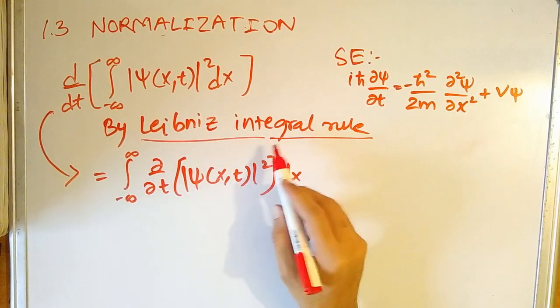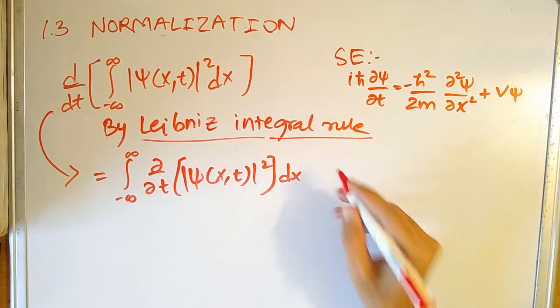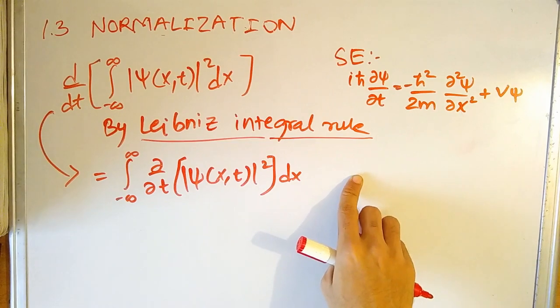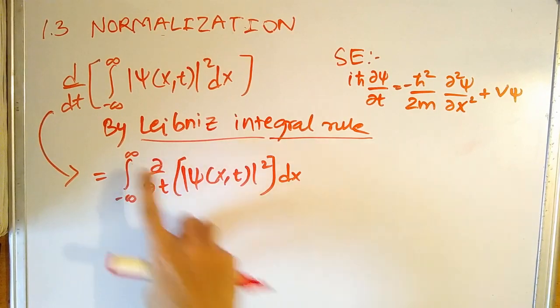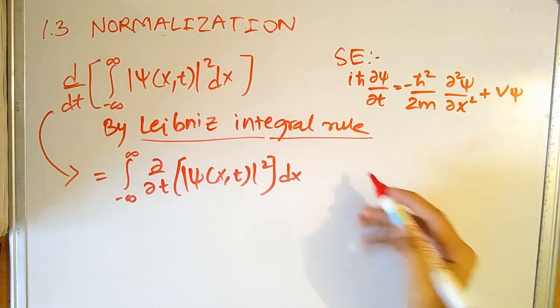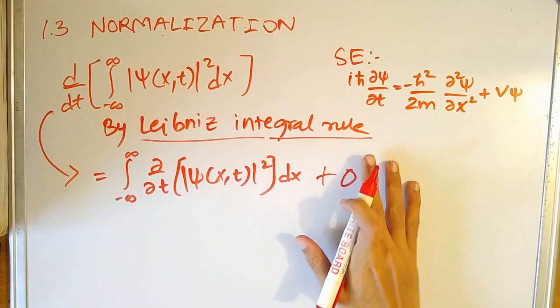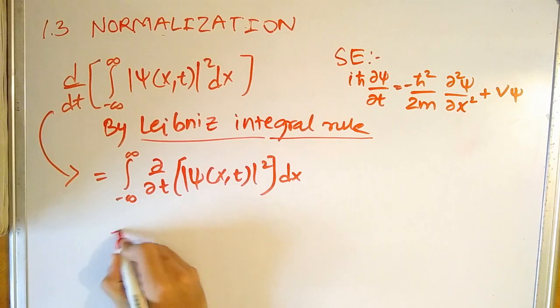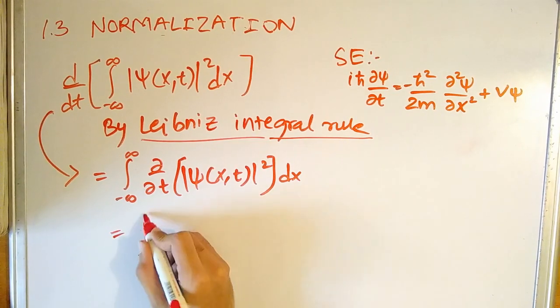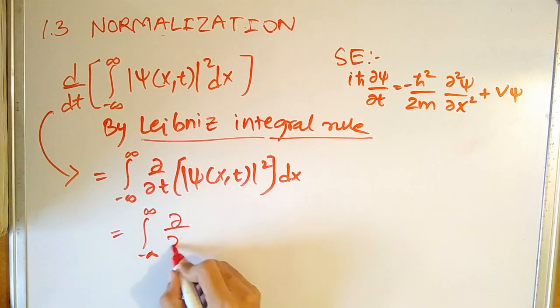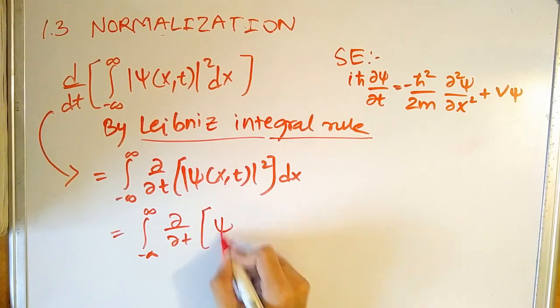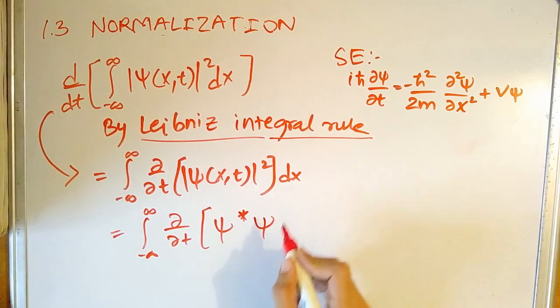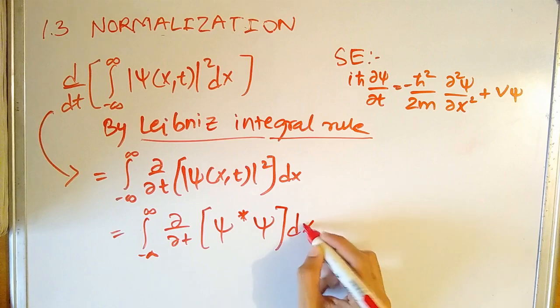This Leibniz integral rule also has some extra parts in the equation, but as these limits are constant, those parts are just 0, so we get this main equation. And we can also write it as the integration from minus infinity to infinity of dou by dou t of psi star psi dx.